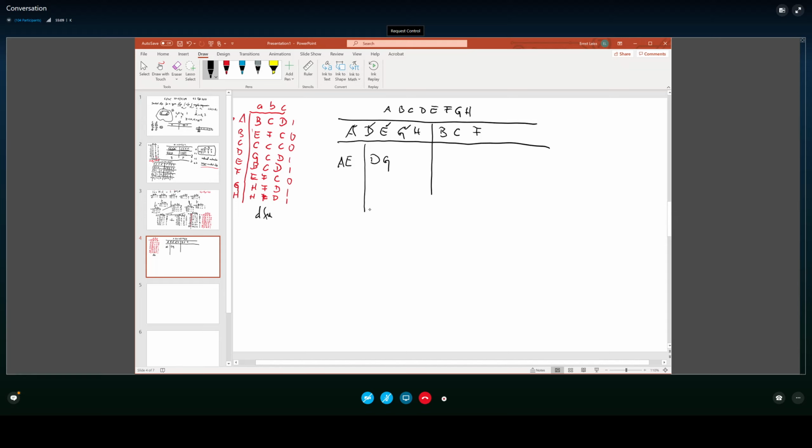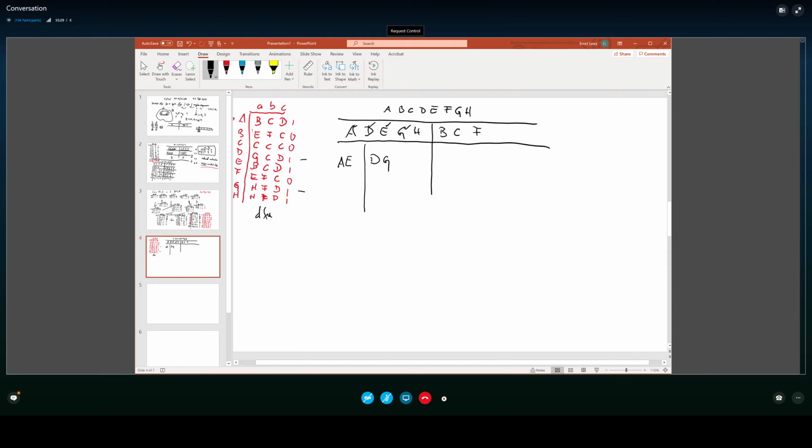Let's go through that again. D and G. D under A and G under A is G and H. G and H are here together. Then we have under B is C and F. C and F are together.